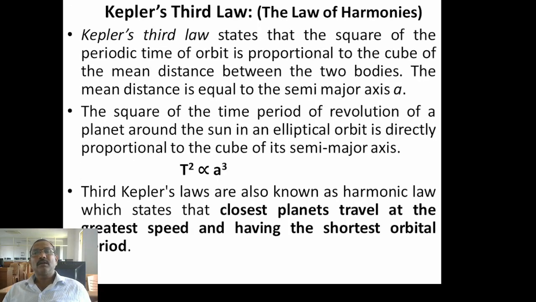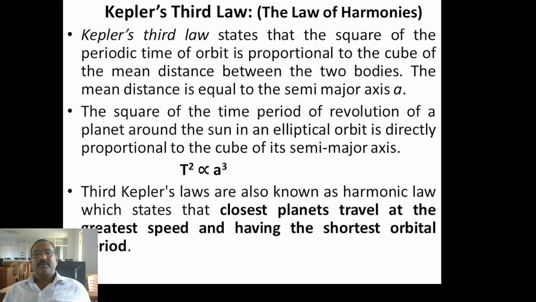And Kepler's third law is called the law of harmonies, or we can say the law of period. The third law states that the square of the periodic time of orbit is proportional to the cube of the mean distance between the two bodies.